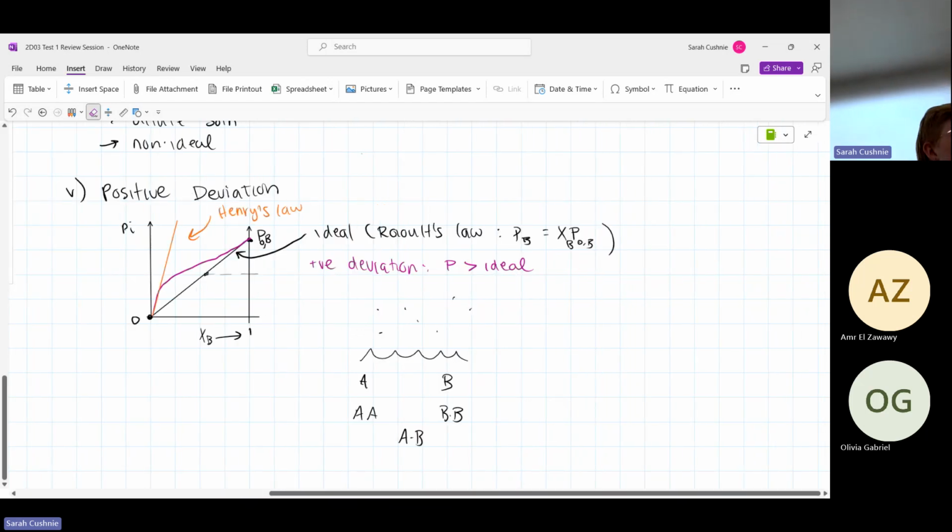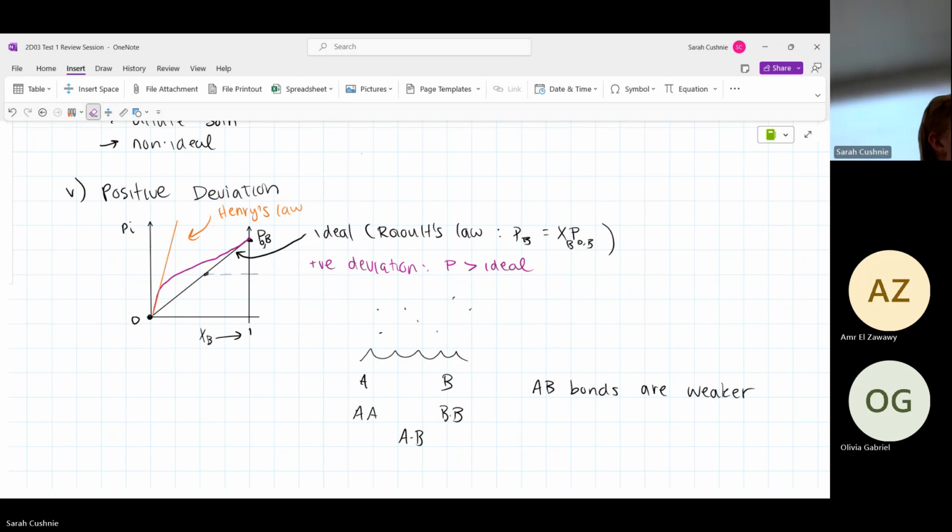With positive deviation, AB bonds are much weaker. So when we mix this together, it's going to be like, whoa, AB bonds are a lot less than just A or just B. So we're going to form a lot of those, and because we form a lot of those, it's going to be ahead of where you would expect it to be in terms of the pressure.